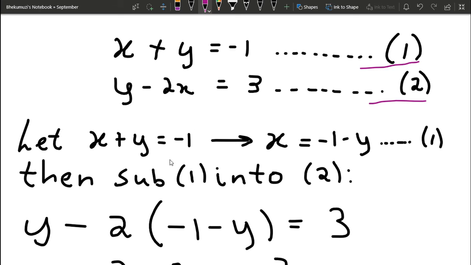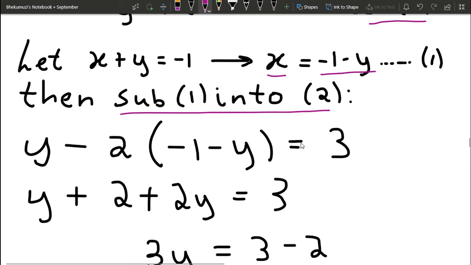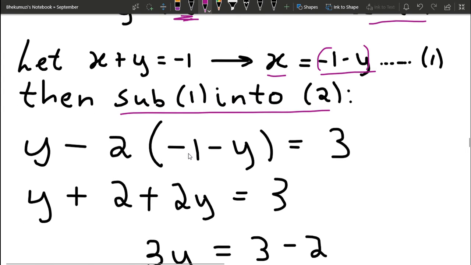I saw x plus y as the easiest equation, so I rewrote it as x, a single variable on one side and everything else on the other side. And then I substitute it into equation 2. In the place of x here, I write what I had rewritten it as, so it's -1 minus y.